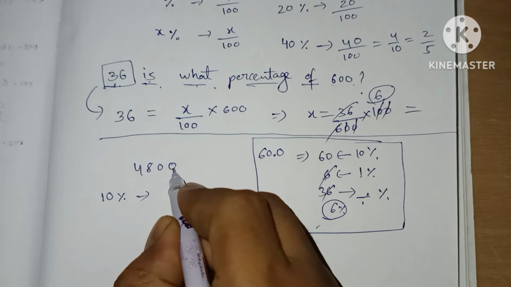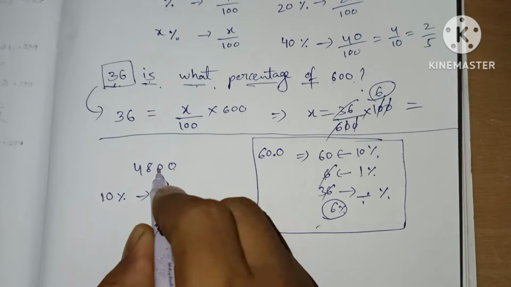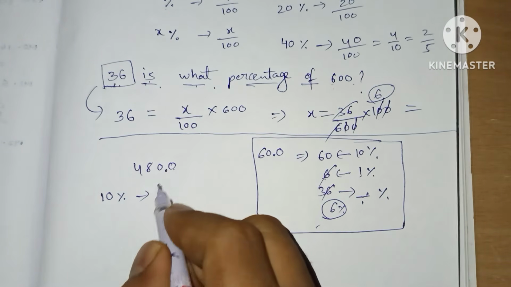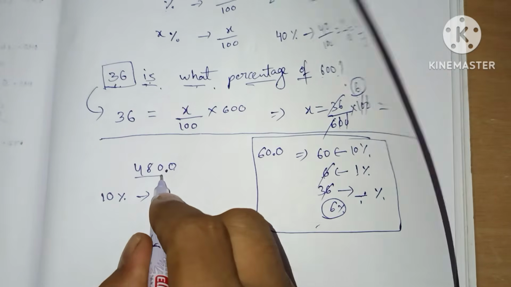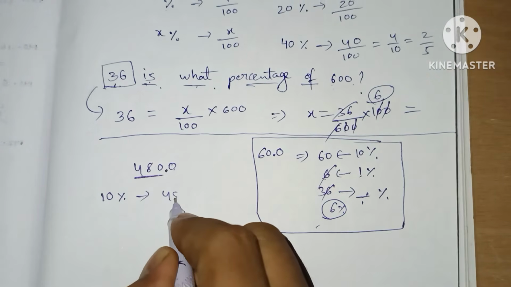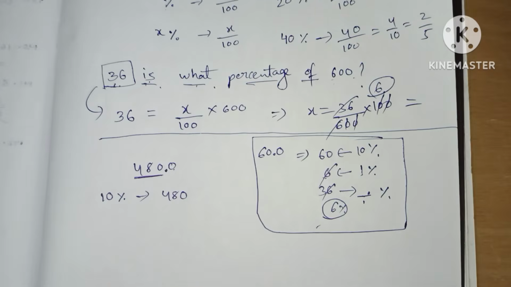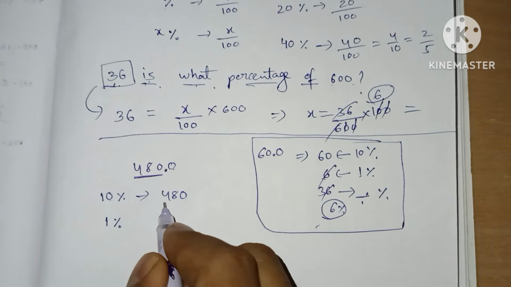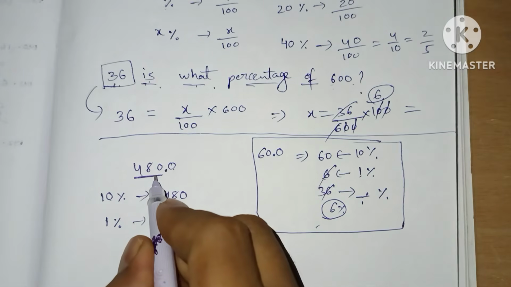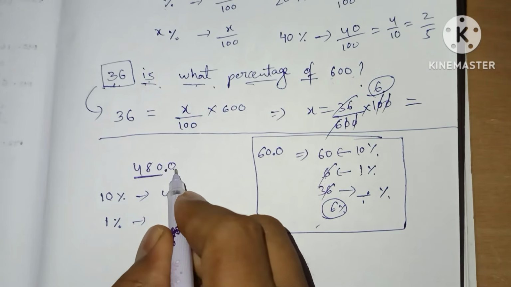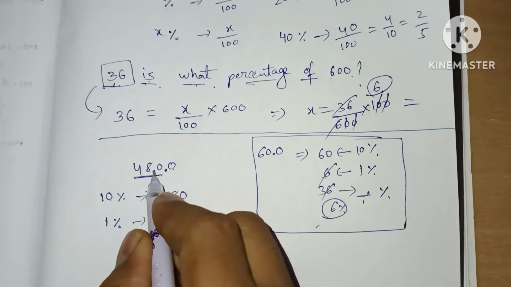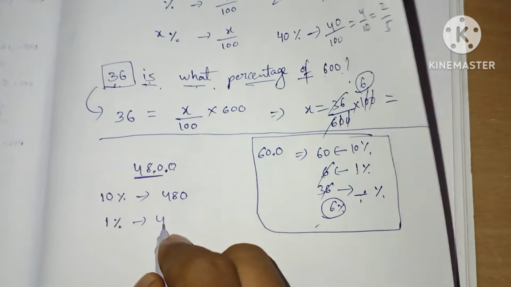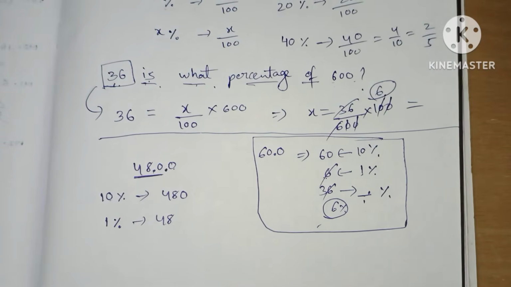It is nothing but leaving one digit at the right side and placing a point, which is the value of 10%, which is 480. Now what is 1 percentage value? 10 percentage value is 480. For 1 percentage value, we leave 2 digits on the right side and place a point. What we are left with is 48. 48 is our 1 percentage value.